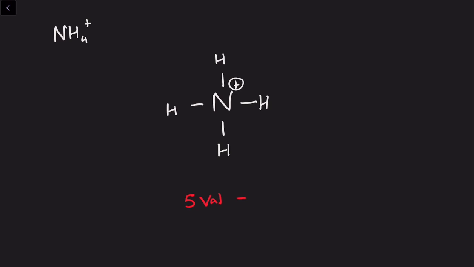We can see there's 0 lone electrons, so we're subtracting 0. And then we're going to subtract the number of bonds. It makes 4 bonds with hydrogen, so we're going to subtract the 4, giving us plus 1, a positive 1. That's its formal charge, and it's reflected in its charge here.